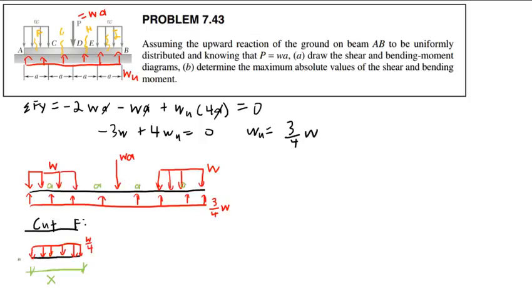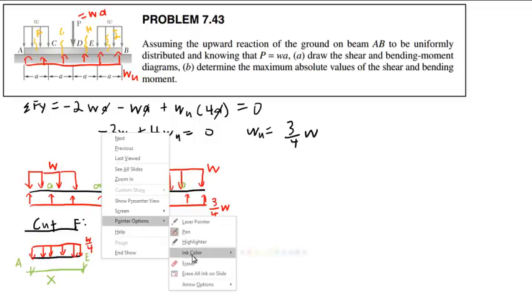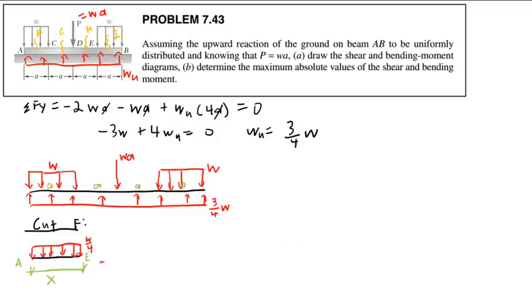This is point A, and this is point E. This thing as drawn is not in equilibrium, so I'm going to show my forces on here. I have ME, and I have downward VE, shear at E.